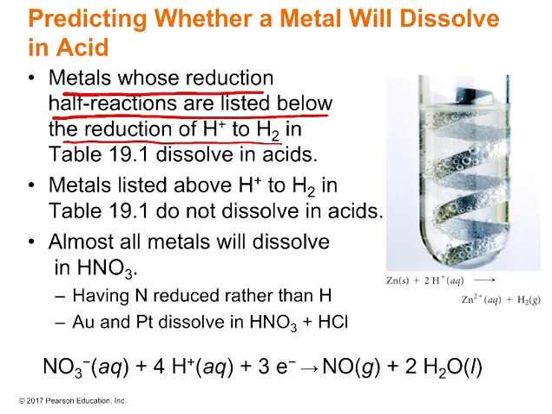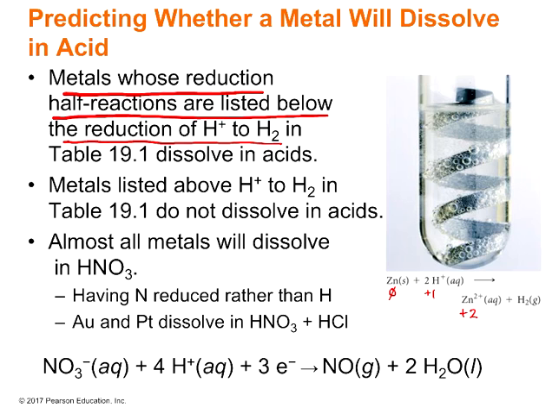As an example, off to the right, we have zinc dissolving in acid. The zinc initially is pure and has an oxidation number of 0. Then when it reacts with hydrogen ions in solution, which have a +1 oxidation number, zinc will become ions with a 2+ charge, so the oxidation number there would be +2.